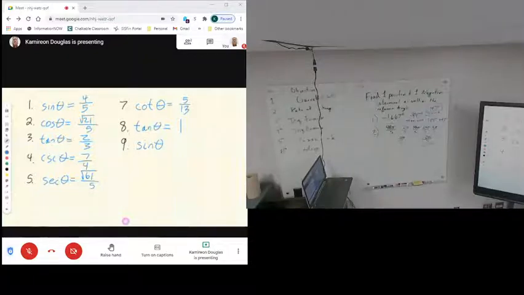Just think of this as 1 over 1, and do it the same way. Or 2 over 2, or 3 over 3, whatever you have to do. And then sine, should I be mean? Square root of 207 over 23.